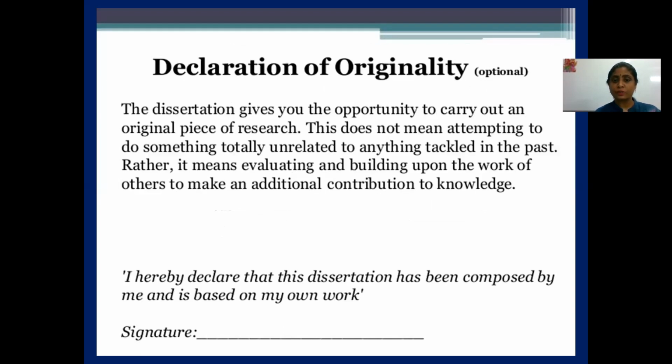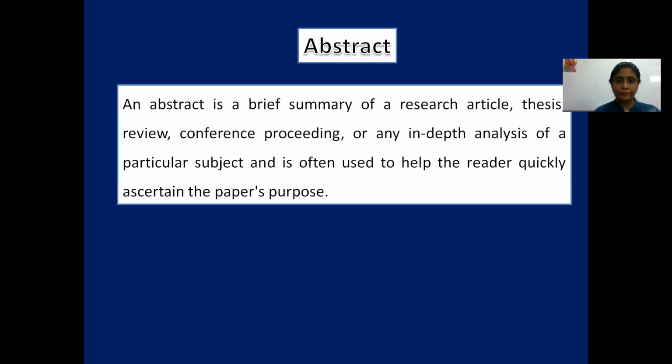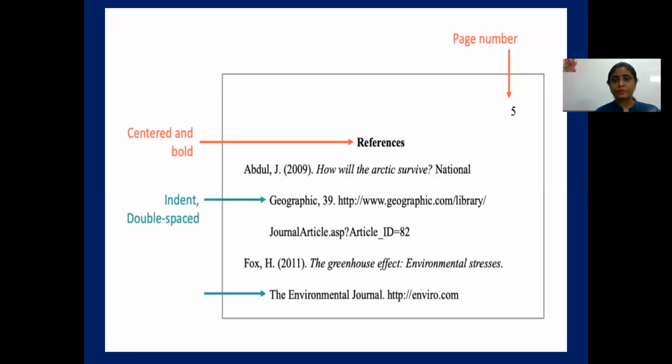Declaration of originality looks like this. You have to give your signature down on that paper. Abstract, just the overall theme about your project report. References. References should look like this.